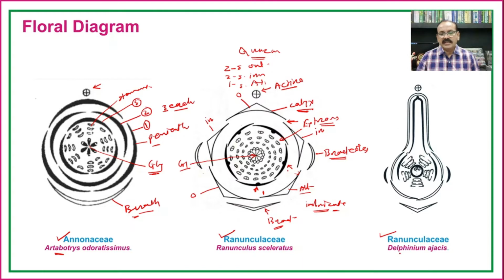In the third one, that is Delphinium ajacis, here first the flower must be zygomorphic. So the flower is zygomorphic because here there is a formation of spur to the sepal as well as the petals. Then presence of the bract, presence of the bracteole.